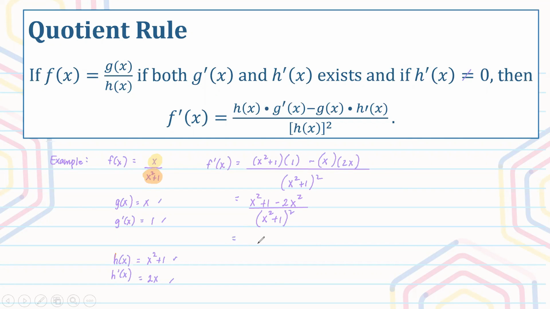Next, combine like terms. So we have here x squared minus 2x squared. We have here negative x squared plus 1 all over the quantity x squared plus 1 squared.